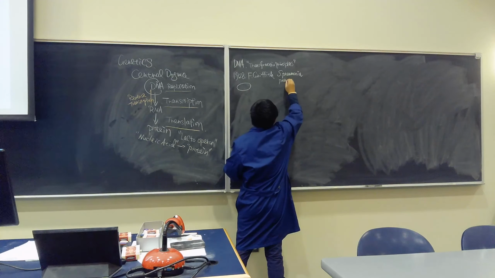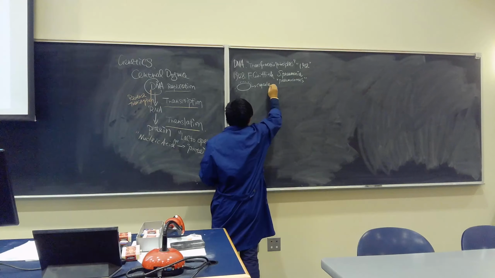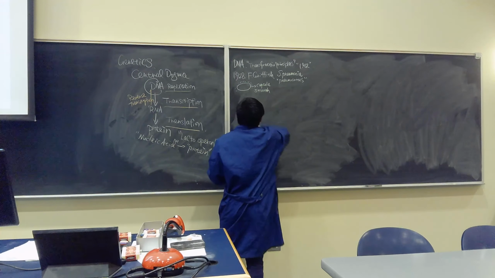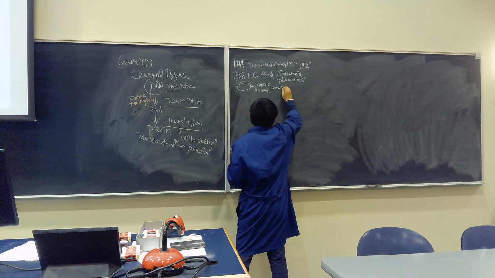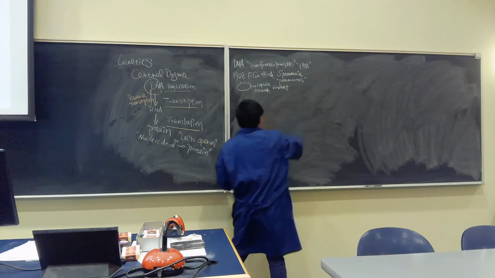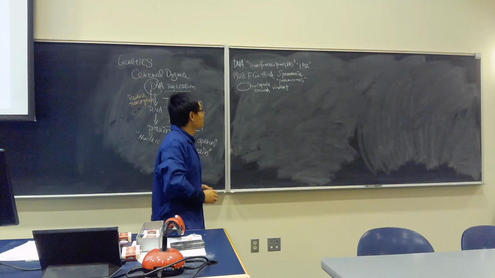Streptococcus pneumoniae has one type, what we learned in the class, that has a heavy capsule. Therefore, it becomes smooth. This type of Streptococcus pneumoniae is virulent, which means if an animal or human being, especially an animal, let's say a mouse, is inoculated or infected with smooth Streptococcus pneumoniae, it will die.